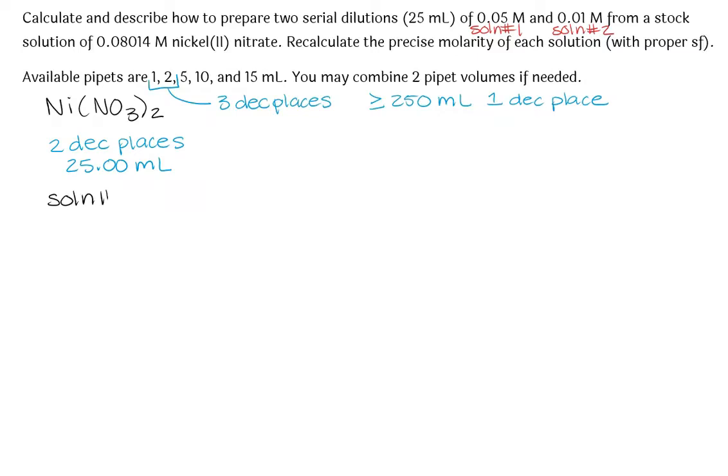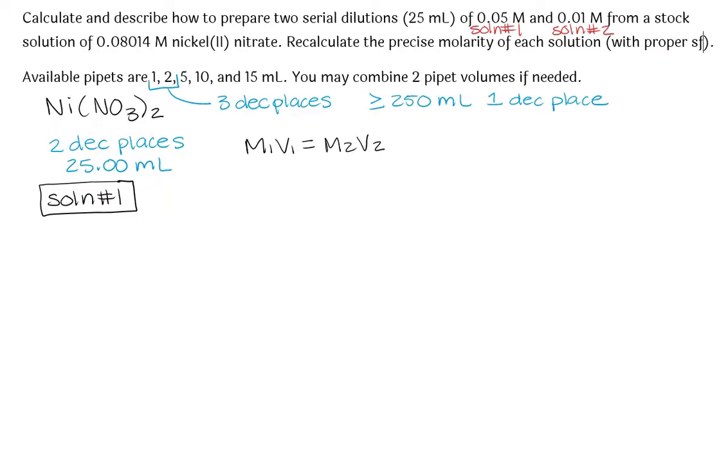So for solution number 1, the first thing we're going to do is define our terms. Let's remind ourselves of what that dilution equation looks like. It's M1V1 equals M2V2.